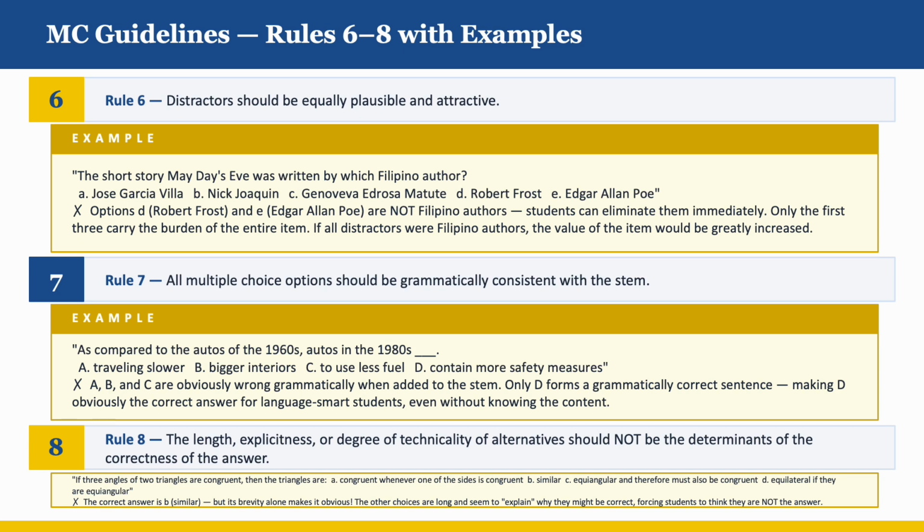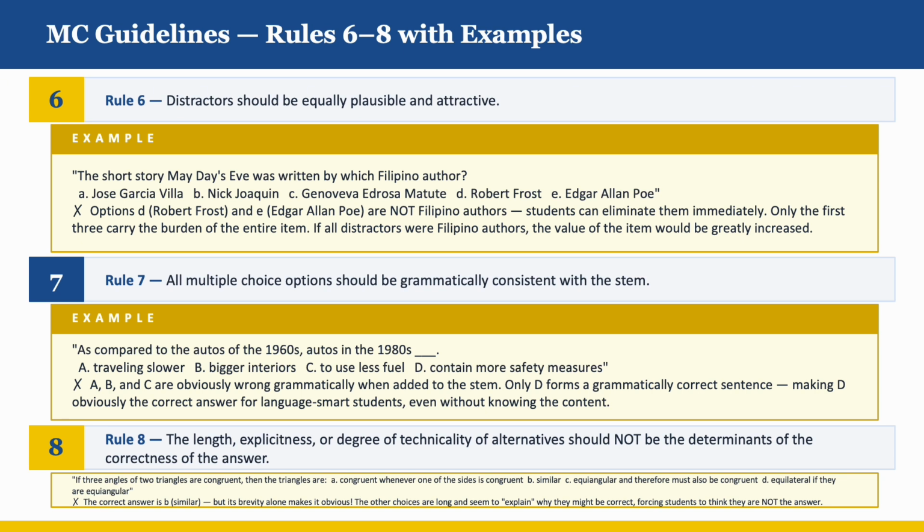So options D and E, Robert Frost and Edgar Allan Poe, are obviously American writers, not Filipino. Any student can eliminate them immediately. So only 3 options are actually doing any work. A good distractor must be plausible. So replace Frost and Poe with other Filipino authors, and suddenly the item becomes much harder and much more meaningful.